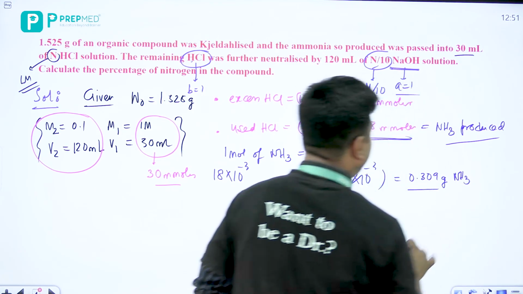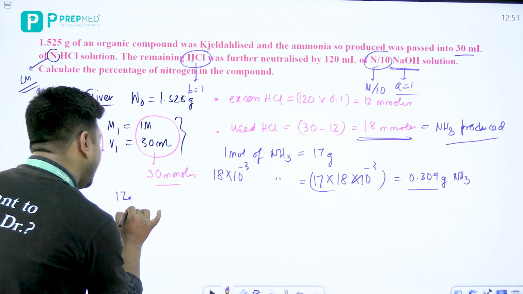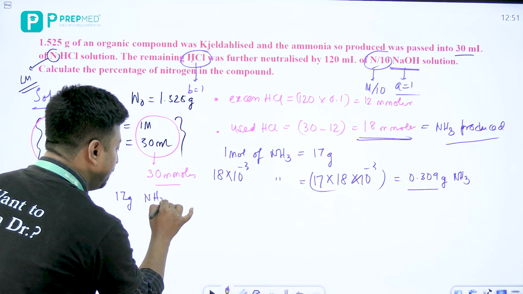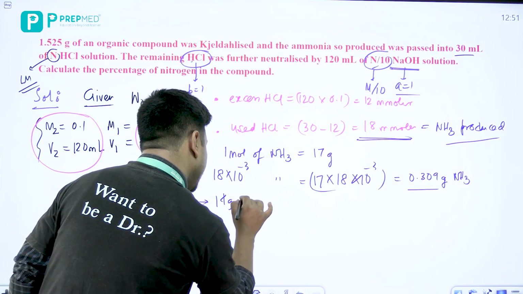Okay, now simply we also know that 17 gram ammonia contains 14 gram nitrogen.